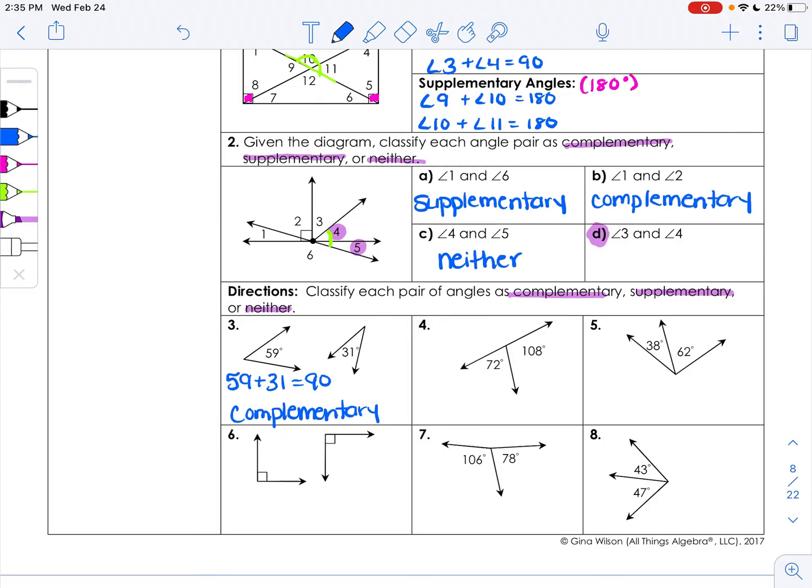We'll do the same thing for number 4. Adding together our two angles, 72 plus 108, using our calculator, equals 180. And two angles that add up to 180 are supplementary angles.